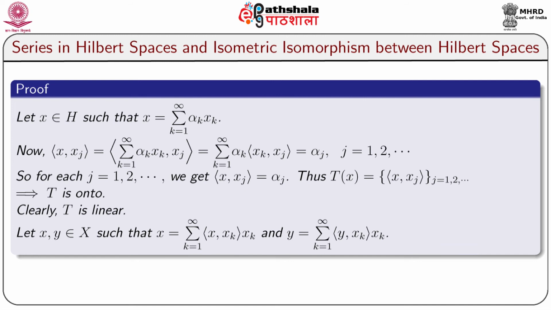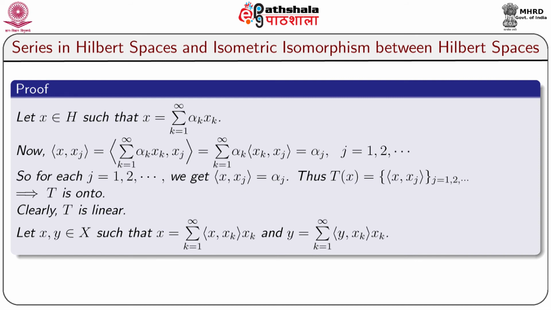Now, inner product x comma xj equals inner product of sigma alpha k xk comma xj, which is equal to sigma alpha k inner product xk comma xj, which is equal to alpha j, where j equal to 1, 2 and so on. So, for each j, we get inner product x comma xj equal to alpha j. Thus, Tx equals the sequence of inner products x comma xj, where j equal to 1, 2 and so on. This implies that T is onto.